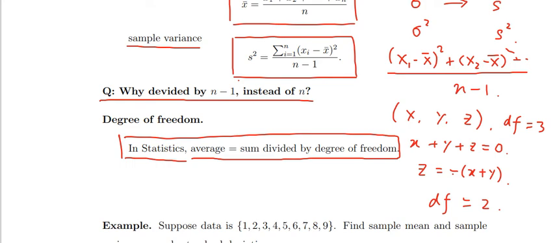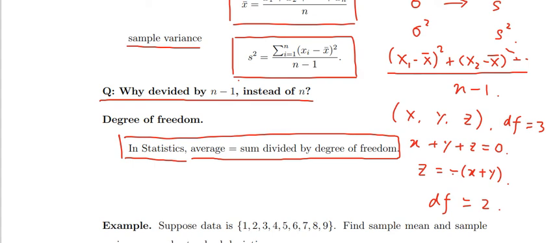Okay. So we can say that for those numbers, the degree of freedom equals n minus 1. Okay. So we can prove this, or we can show this.